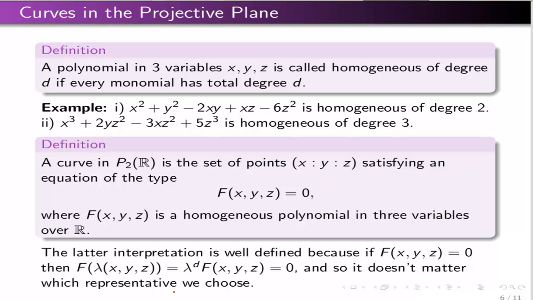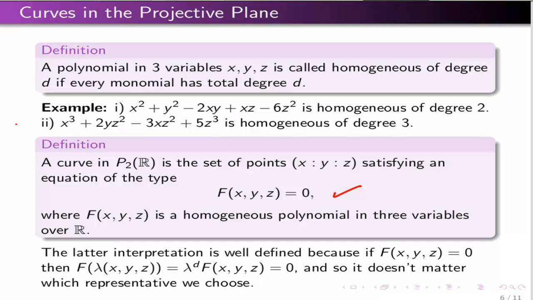Now, why is this going to be a well-defined concept? So you have to think there's many different ways of representing points in the projective plane. So I need to make sure that if one of those representatives makes this polynomial equation 0, then any other representative will make it 0 as well. Well, why is that? If f of x, y, z is 0, and you multiply x, y, z by a scalar lambda, well, because it's homogeneous, you can just factor out a lambda to the dth power.